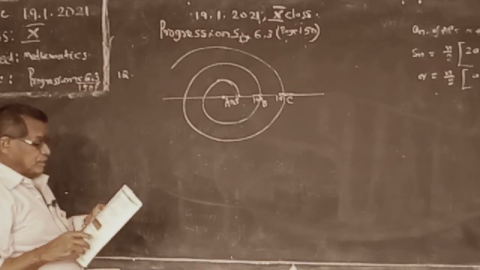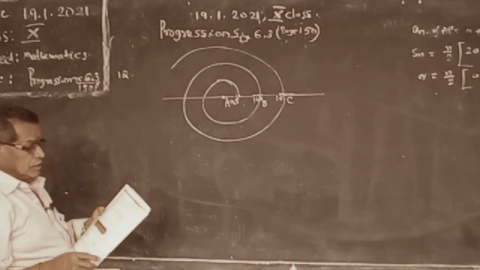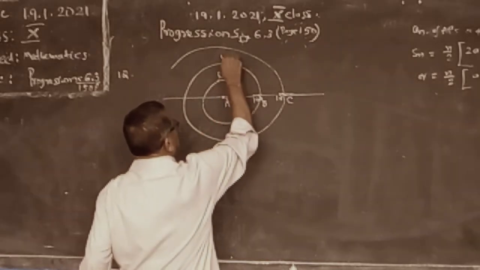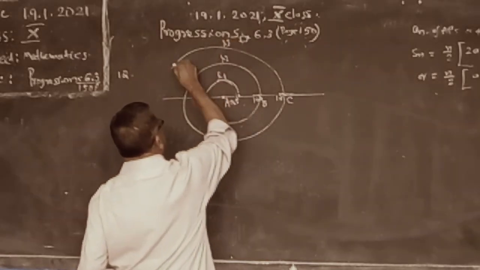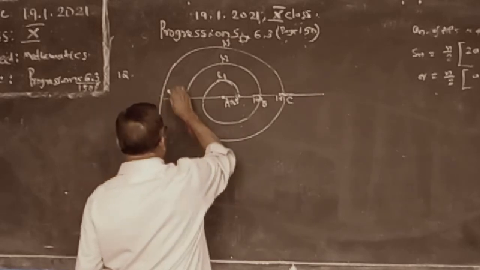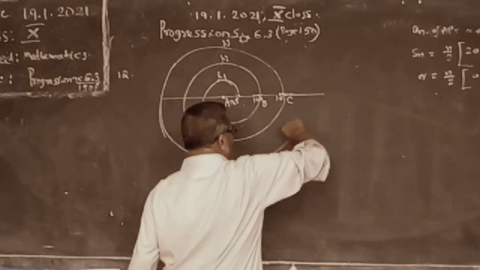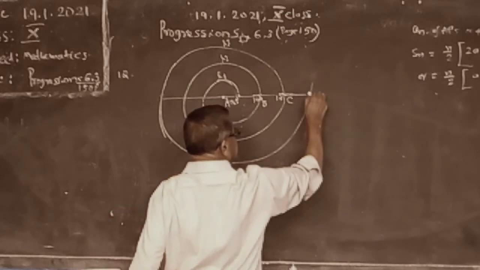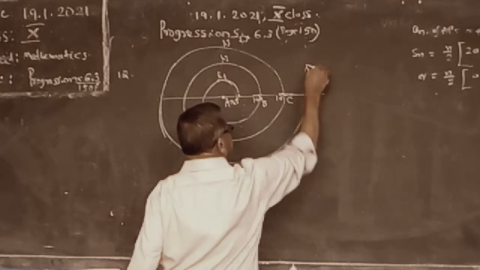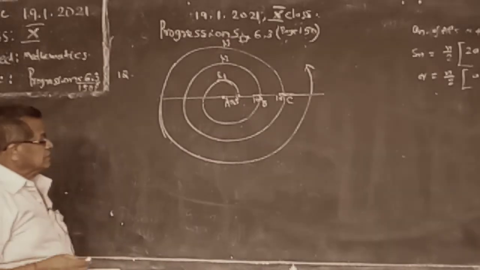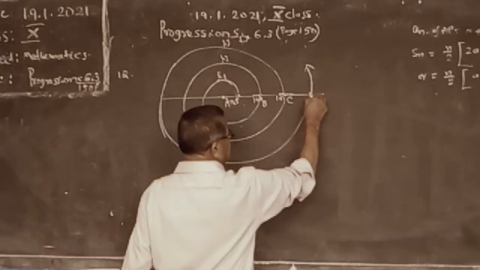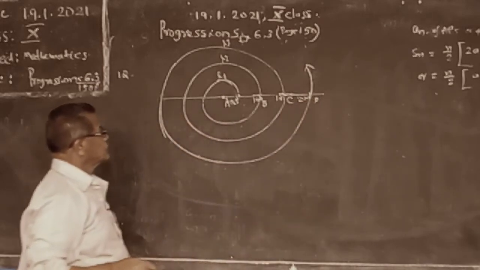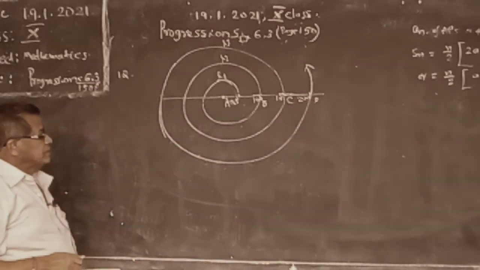This is L1, this is L2, this is L3, like that. Given like this. Say this is B, 2 centimeters.